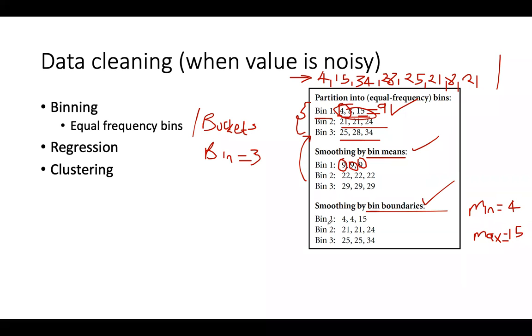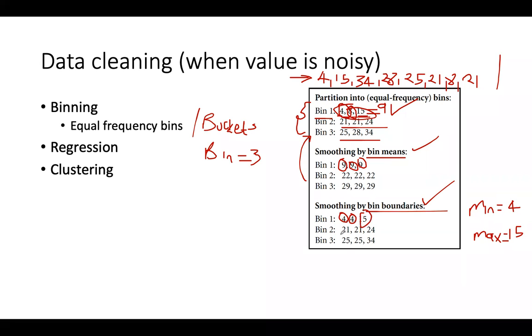If it's closer to 4, we replace it with 4, the boundary of the minimum. Then we check 8: what's the distance from 4 and the distance from 15? If we check closely, we'll see it's closer to 4, and 15 is right on the maximum bound.